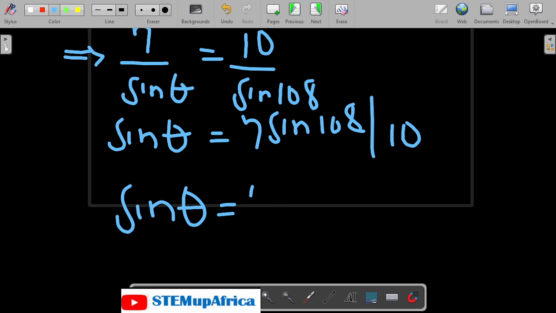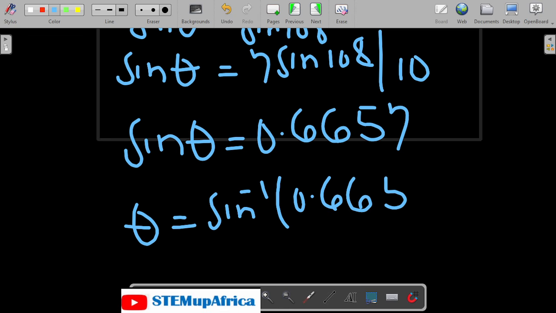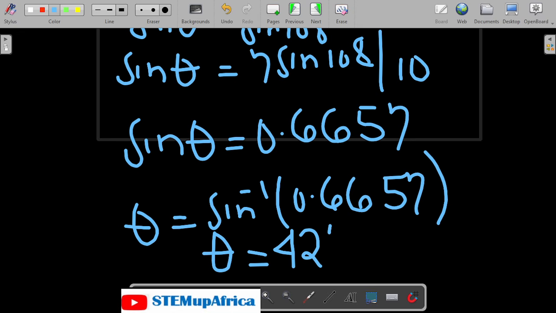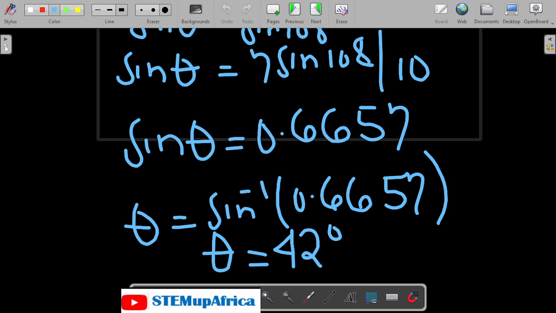That will give us 0.6657. So my theta now is the sine inverse of 0.6657. So theta equals to what? It gives us approximately 42 degrees. So what is now the bearing? The bearing is 90 plus 42.